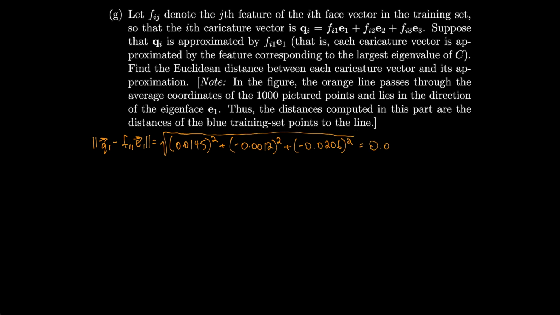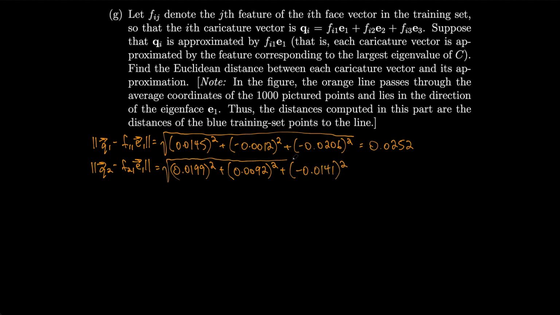And we get 0.0252, which is very small, as we'd expect. Let's keep going, get all of the distances. So for Q2 minus F21E1, that'll be 0.0199 squared plus 0.0092 squared plus negative 0.0141 squared, square root, and that's 0.0261.